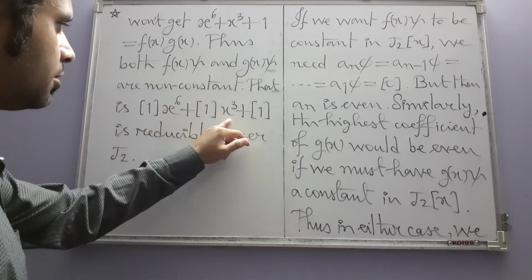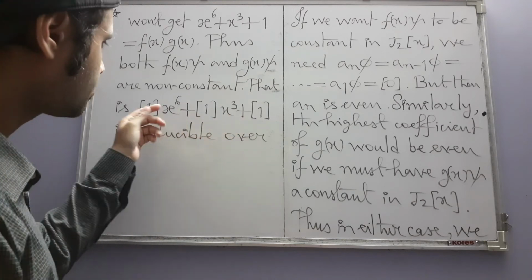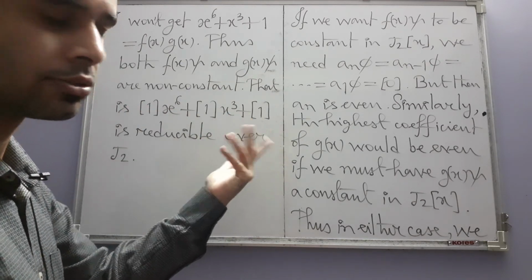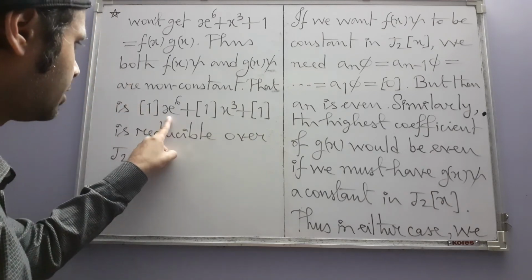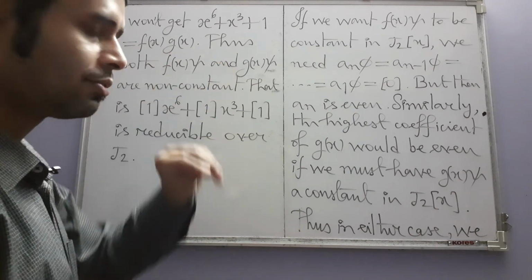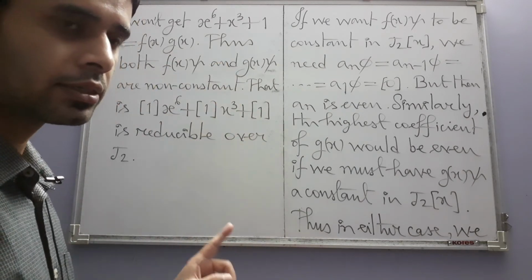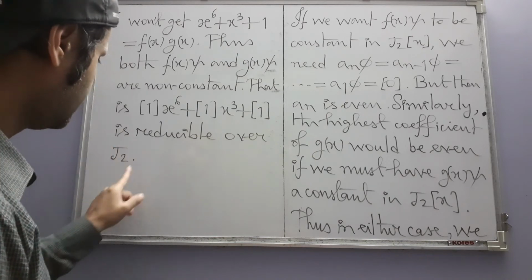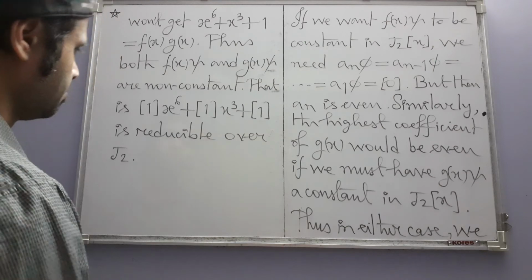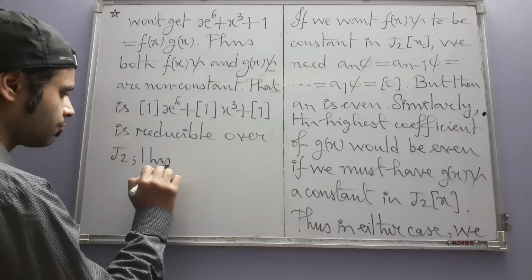If you put the 0 congruence class in place of x here, you are getting 1. So 0 is not a root of this. If you put 1 here, then you get 1 plus 1, that vanishes. It becomes 0. Again you get 1. So neither 0 nor 1, and that means nothing in J2 is a root of this. So how can it be reducible? This is false.